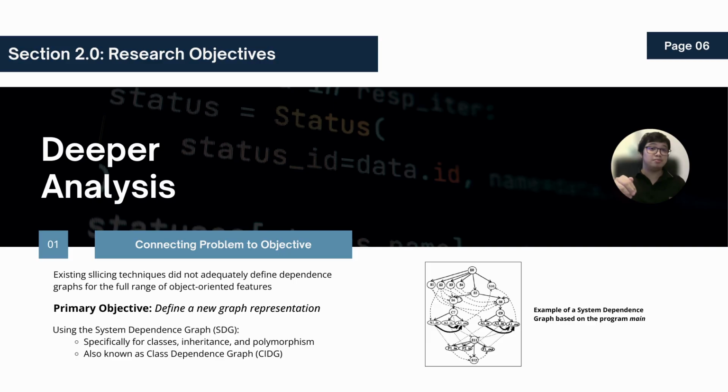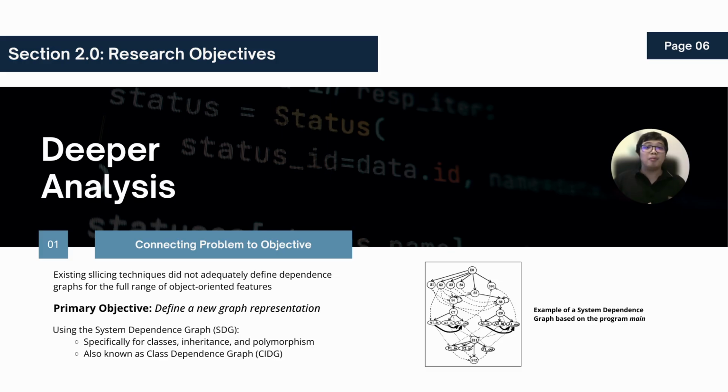Let's dig a little bit deeper on how they plan to solve this. The core problem was that existing slicing techniques were designed for procedural languages, so they didn't adequately define dependence graphs for the full range of object-oriented features. So the objective wasn't just to use existing graphs, but to define a new graph representation.